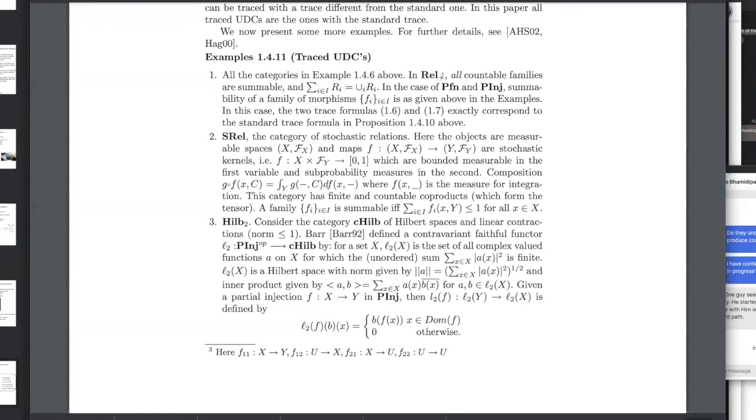And obviously disjoint union is symmetric. You can always switch the tags, so there's a symmetry map. And that symmetry is what's erasing the order.